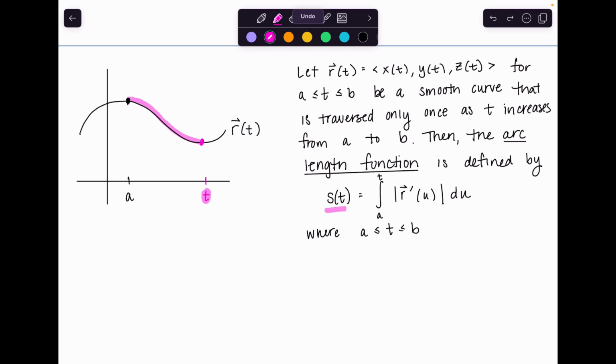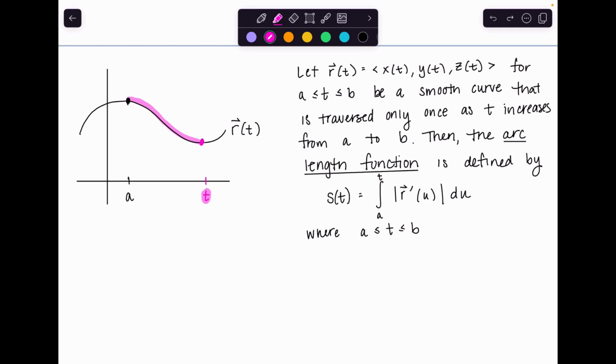So the one thing to notice here, if you remember way back in Calc 1, when you were going through the fundamental theorem of calculus, if I take the derivative and the variable is in the upper bound, remember the integrals and derivatives undo each other. So what ends up happening for this arc length function is if I take the derivative, it's going to just cancel everything out, and this will get replaced by a t.